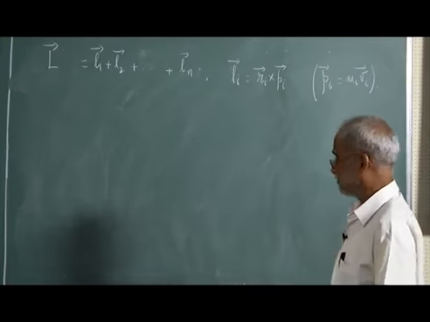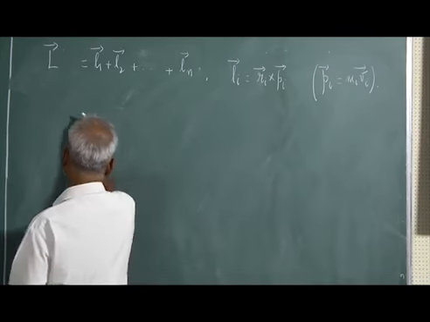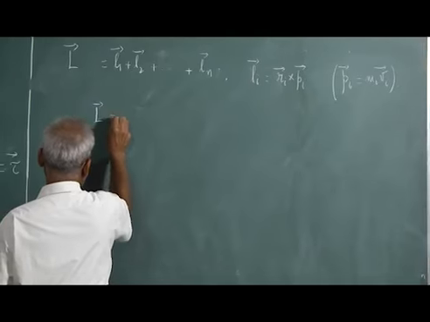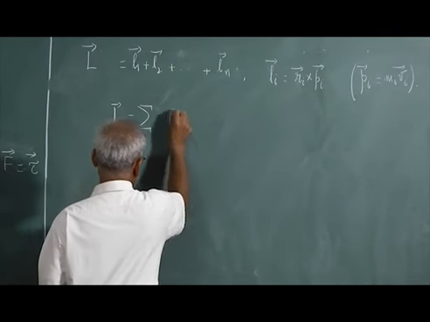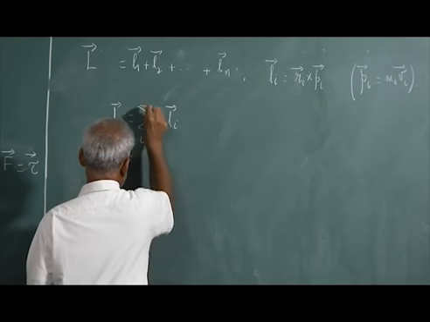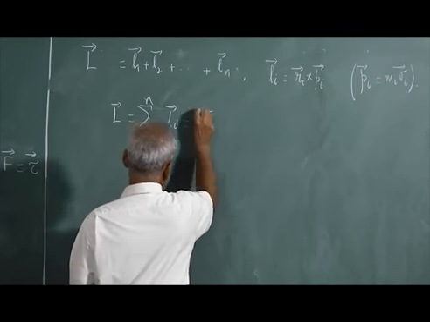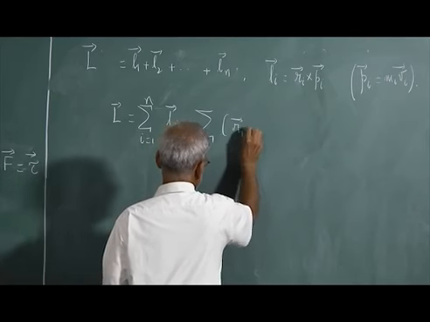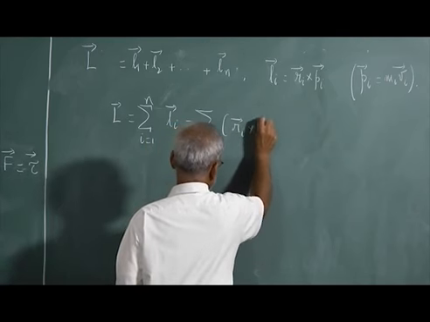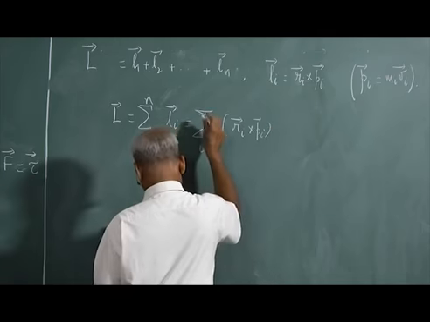So the total angular momentum is, I can write this way, the sum with i running from 1 to n, which you can also write as ri cross pi, i running from 1 to n.